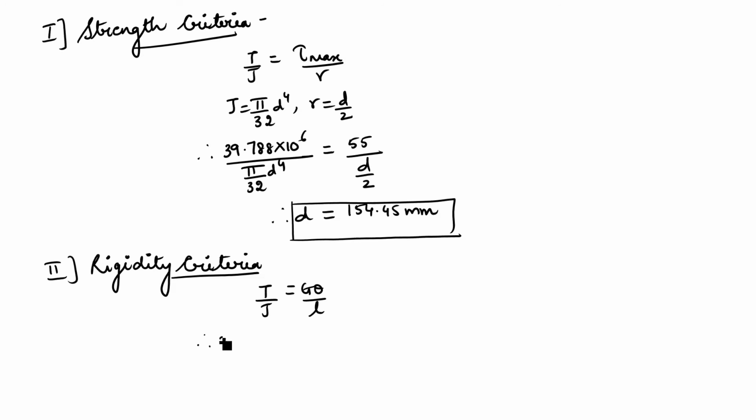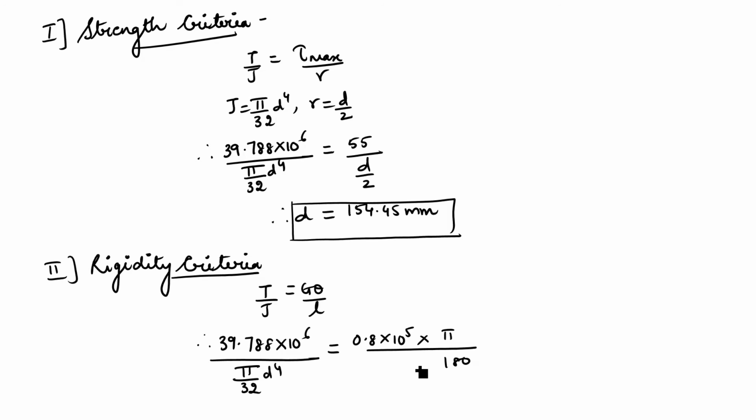I'll substitute 39.788 into 10 raised to 6 upon pi by 32 d raised to 4 is equal to, the value of G is 0.8 into 10 raised to 5. Theta value is known as pi by 180 here and L is 15d. When I substitute in the calculator, I get the value of d as 163.29 mm.